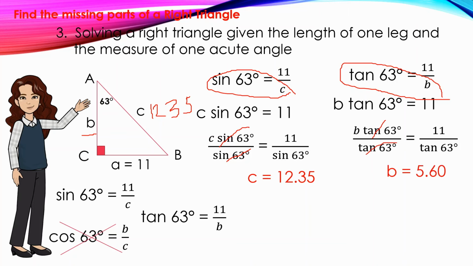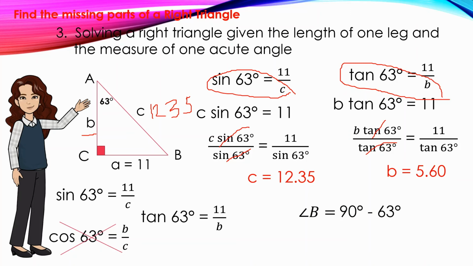So, B is equal to, press again in your scientific calculator, 11 divided by tangent 63. So, it equals 5.60. We're going to include the 0 at the end because of two decimal places. So, B is 5.60 units.